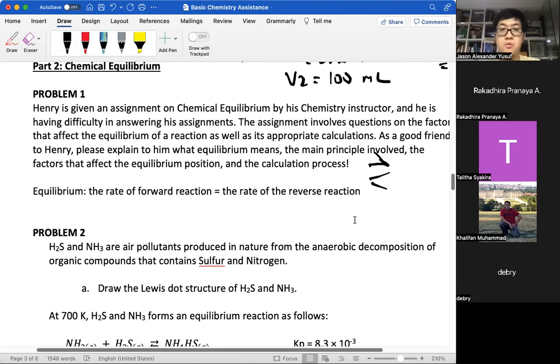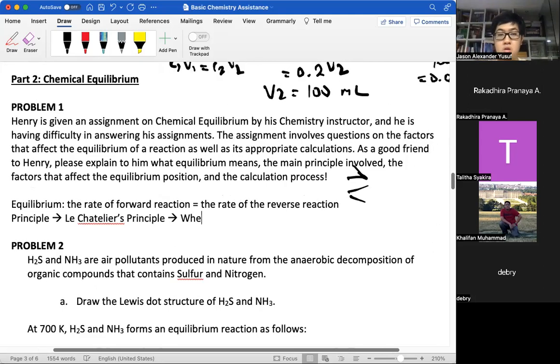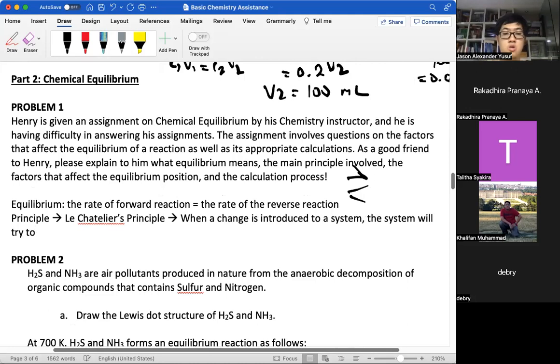Describe what the main principle is. So the main principle is known as Le Chatelier's principle. What is Le Chatelier's principle? So basically, according to Le Chatelier, when a change is introduced to a system, the system will try to revert to its original state.